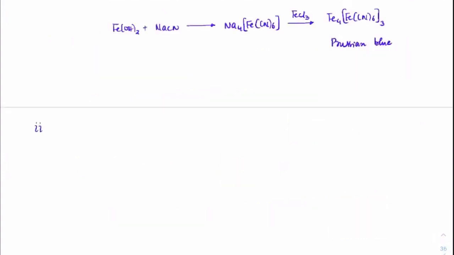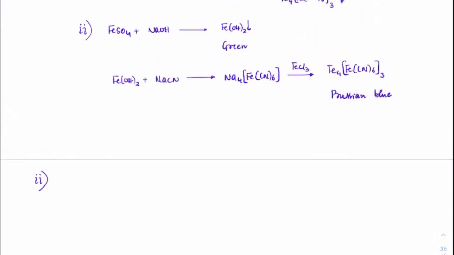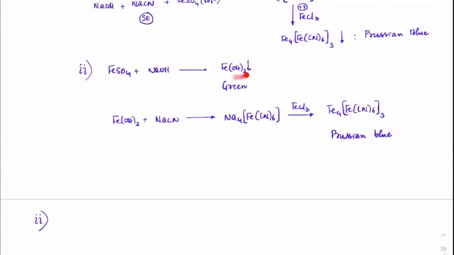Check out the next important point. Sometimes, imagine Fe(OH)2 is formed to a large extent. What would happen? Then this blue color and green color may mix, because both of them are precipitates, correct? So we want to avoid making a large amount of it in the solution.